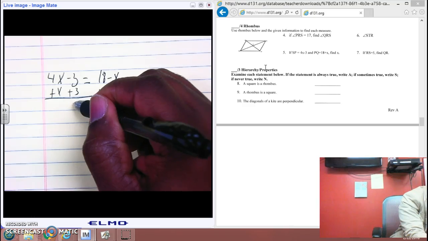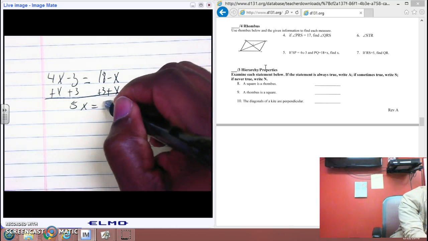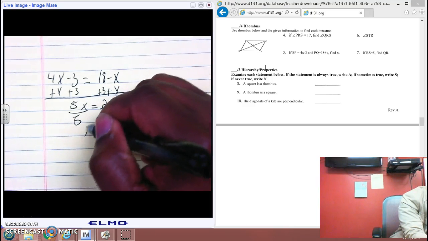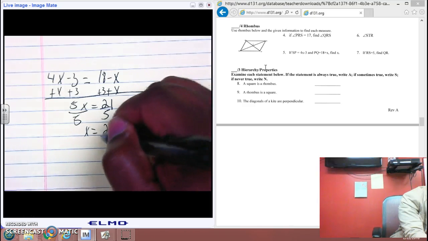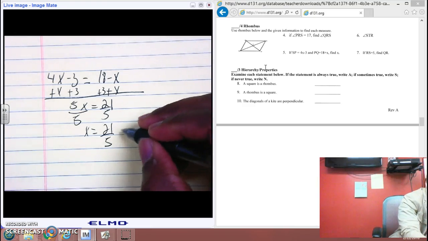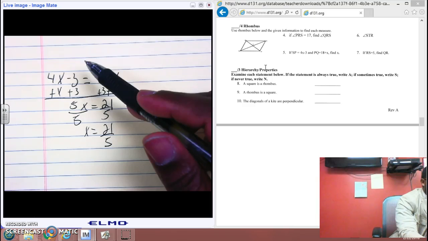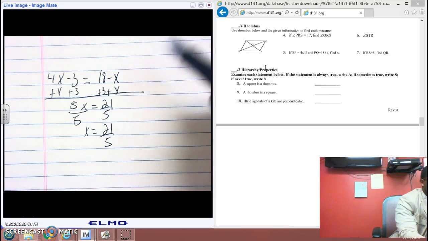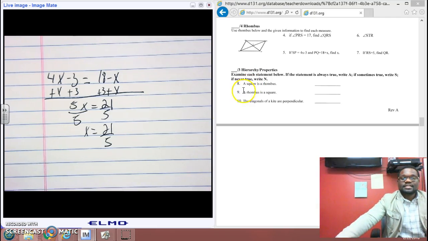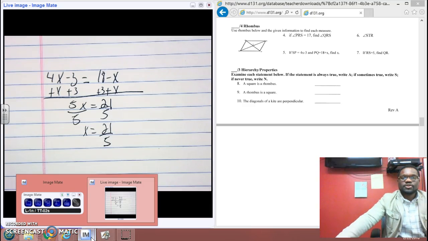And so over here you get 5x equals 21, which is a decimal, like 4 1/5, a fraction. Okay, so that's just an example of how we would use those.